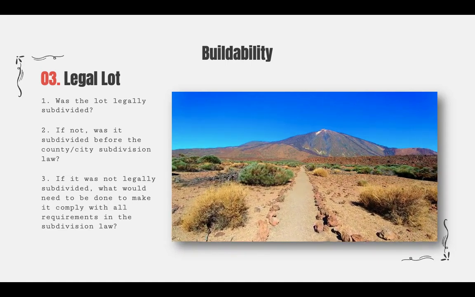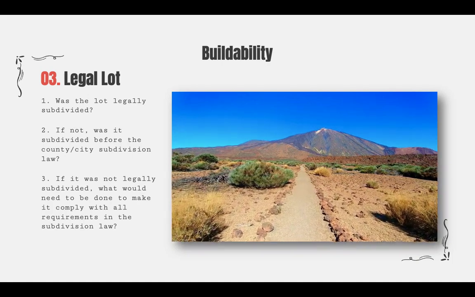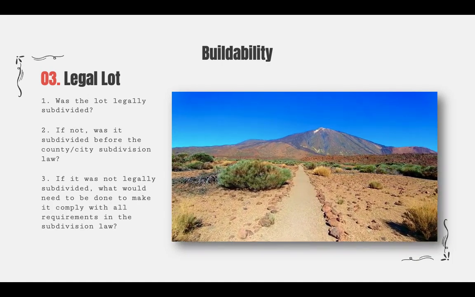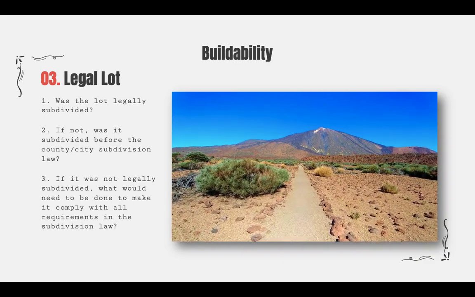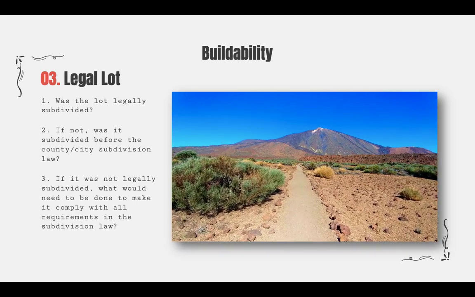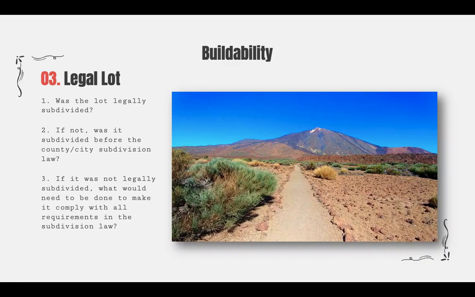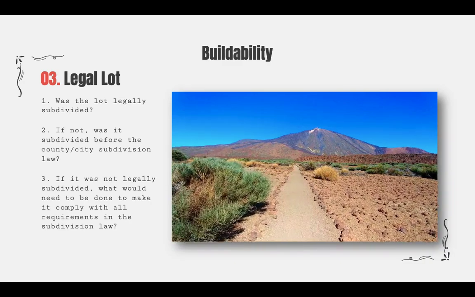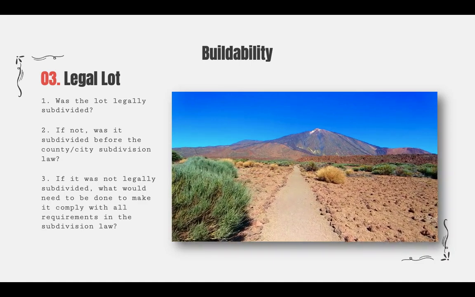Many counties and cities have a subdivision law, so they have certain regulations you need to comply with if you are going to subdivide a lot. Now, you will see with many rural lots that there are properties that were subdivided before the subdivision law was created in that jurisdiction.